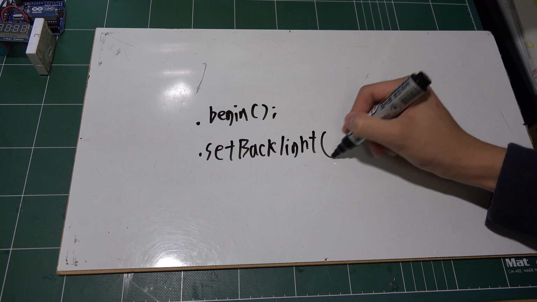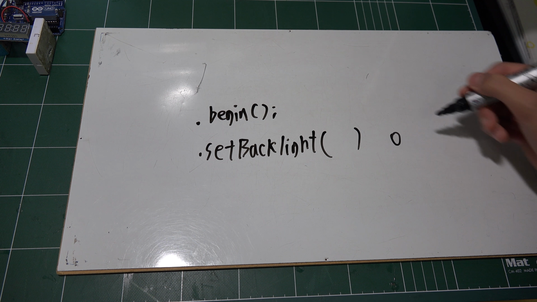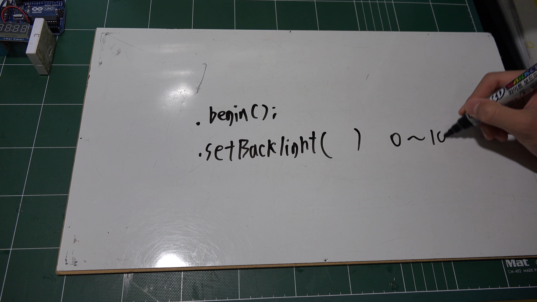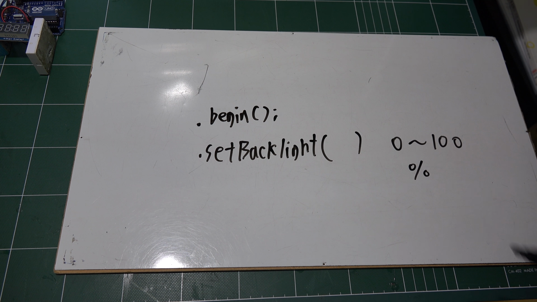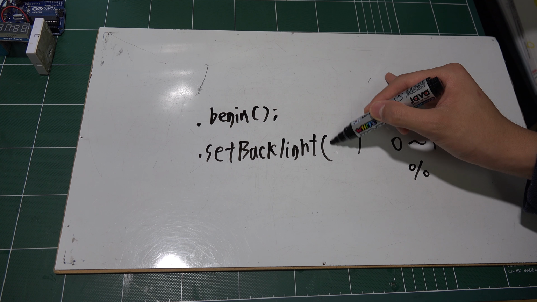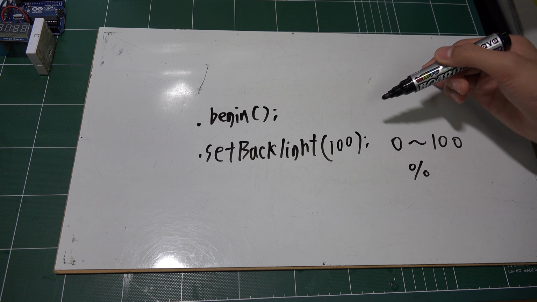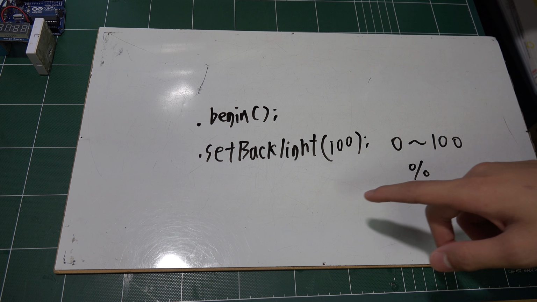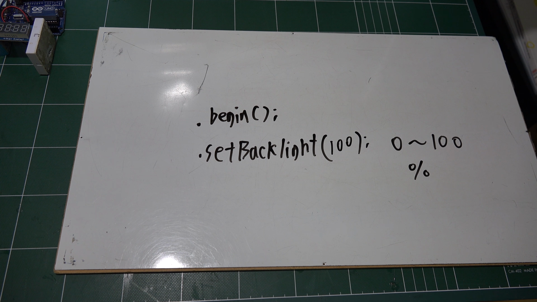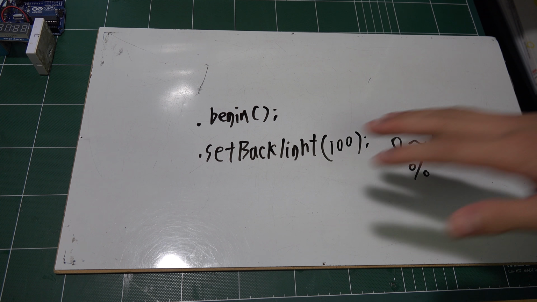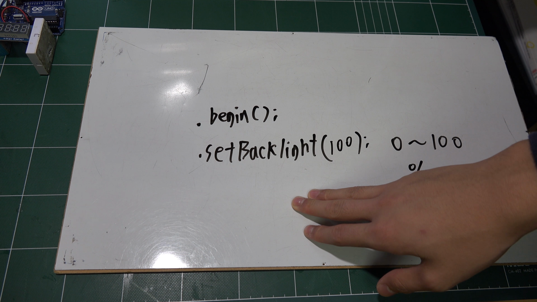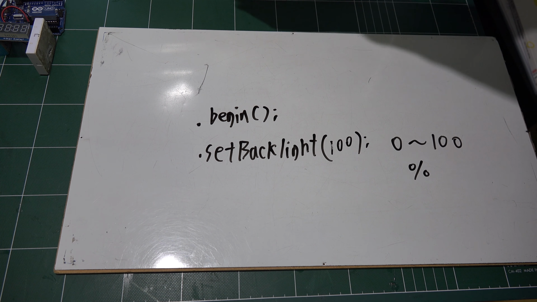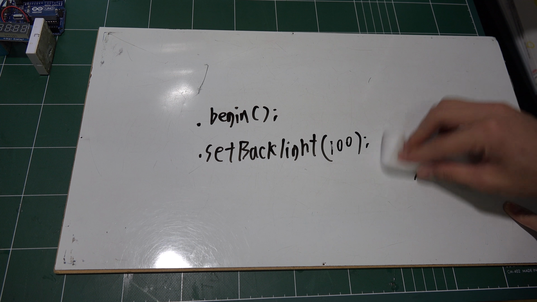You can write 0 to 100, this is a percent number. If I write 100 and a semicolon, it will set the backlight fully. And if you set it to 0, it gets lower, lower light. These are the things that we have to initialize.